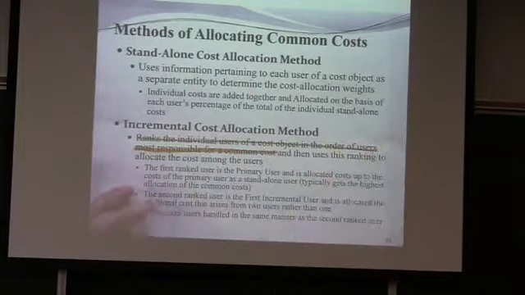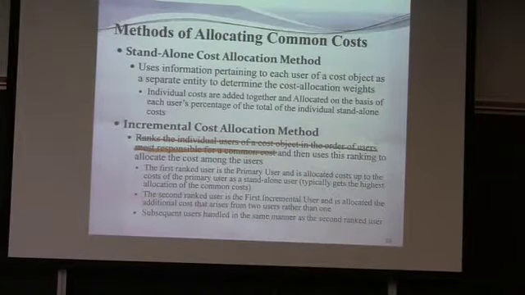In my example, the fact that I'm going to Vancouver was my primary reason why I bought the ticket, and I decided to maybe do a stopover in Calgary to visit the Calgary office, which means that Vancouver is the primary user. So I would first rank the users, and the value of that standalone cost is what I'm going to allocate first to Vancouver, and the difference between the standalone and the common cost goes to the secondary user, which is the Calgary office.